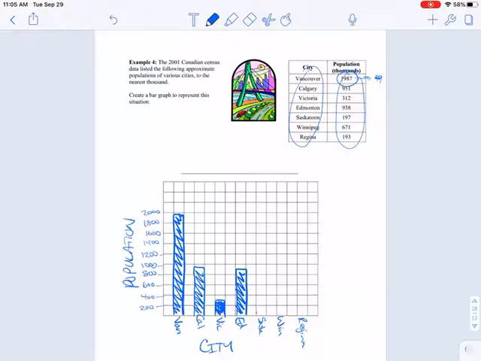Saskatoon's 197, so just basically 200. Winnipeg 671, so we go to 600, almost 700. And lastly, Regina's almost 200. And we do need a title. So city populations.